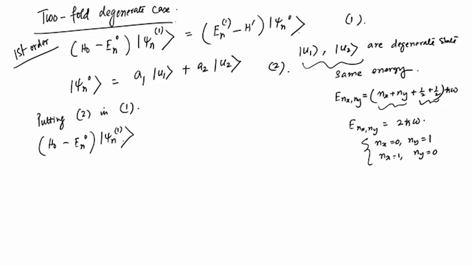My sincere advice to all of you would be that do it by hand. I am pretty sure that I am not making a mistake, but even if I do, with some sign or some index, that should not percolate into you. So, you should do it all by yourself and convince yourself that these are the correct steps to follow.